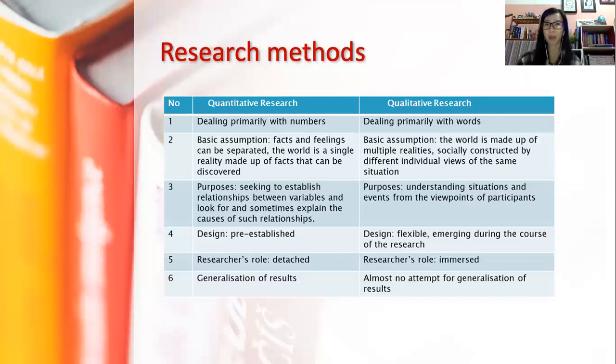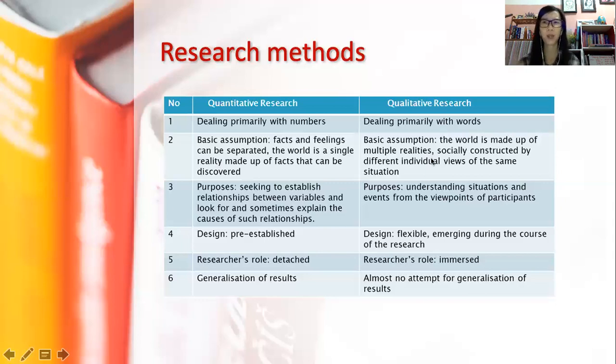Later you will know that Detective Conan uses the deductive method to come to a conclusion, which is very much a quantitative approach. But we are going to talk about deductive and inductive later when we talk further about data analysis. Anyway, that's the basic assumption of quantitative research.